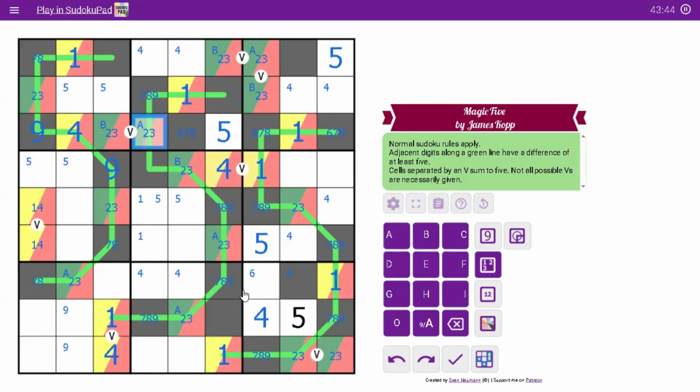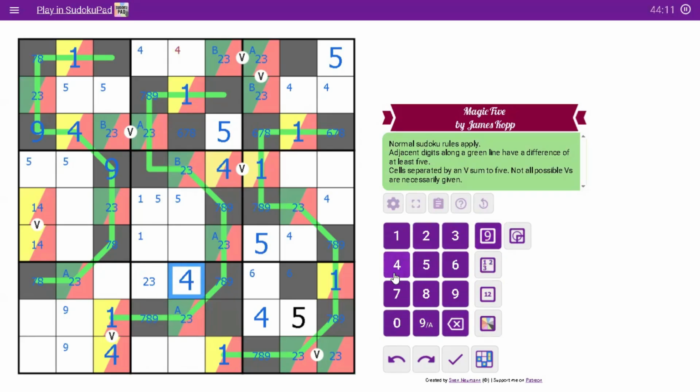All right, getting somewhere. So now B, this is very important. Where does the B digit go? Well, by Sudoku, B can't go in any of those because this is B. So this is B. So this is a 2, 3, and it's not a 4.